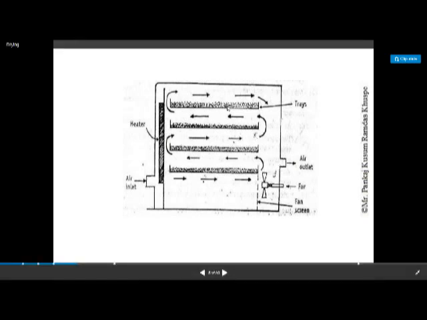So this is the construction of a tray dryer. Now instead of these trays, you can place small trucks, and in that case, that is called as a tunnel dryer, or it is also called as the truck dryer also.